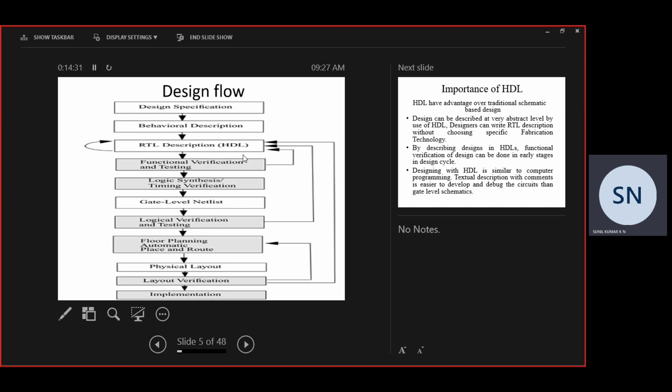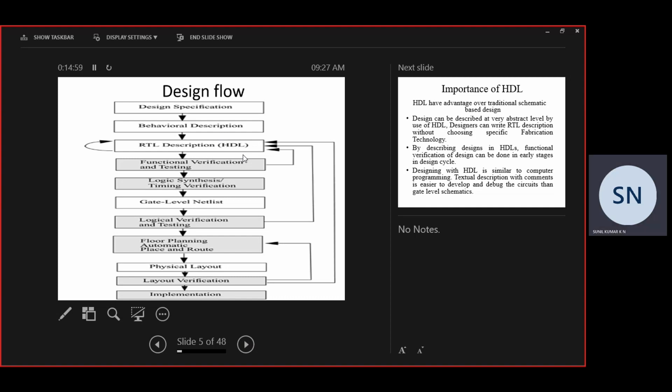Whenever you start with any hardware description language, in Verilog you begin with the keyword module. Any circuit you want to realize, you have to start with module and at the end you should have endmodule.